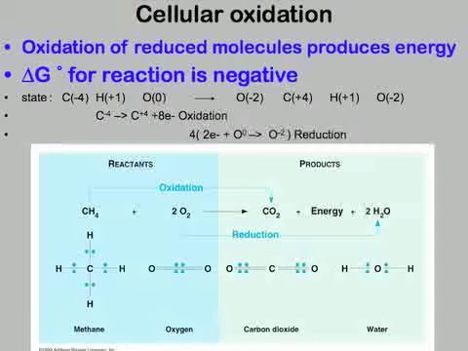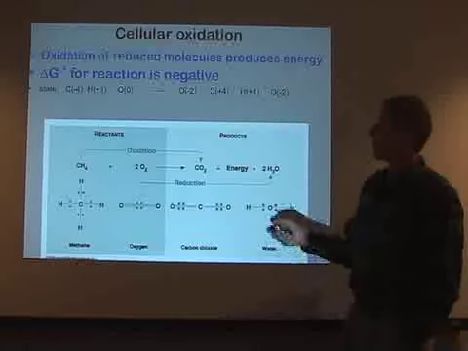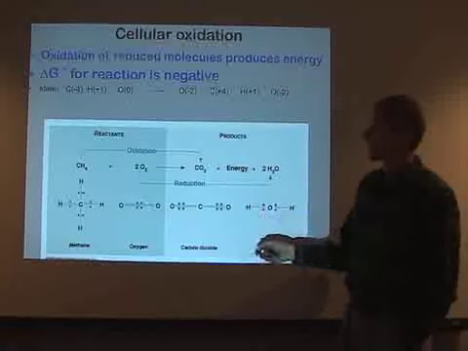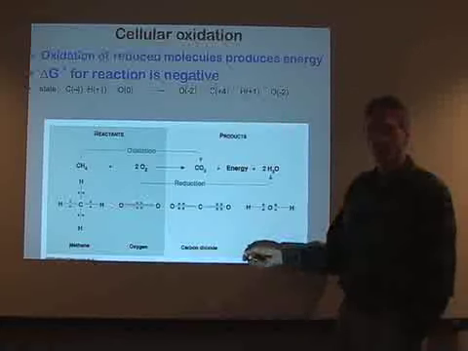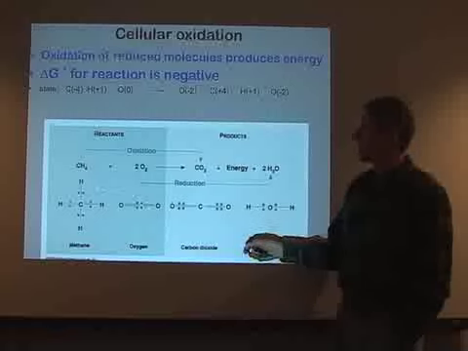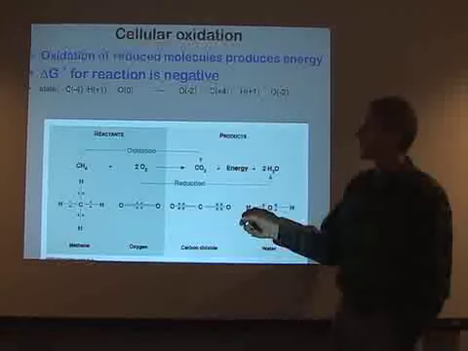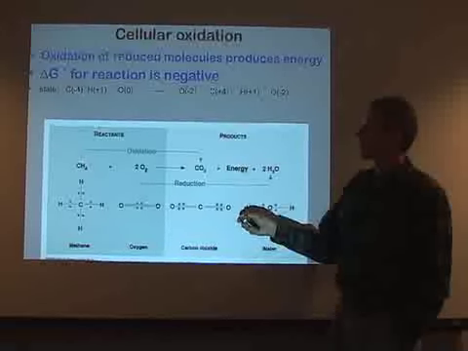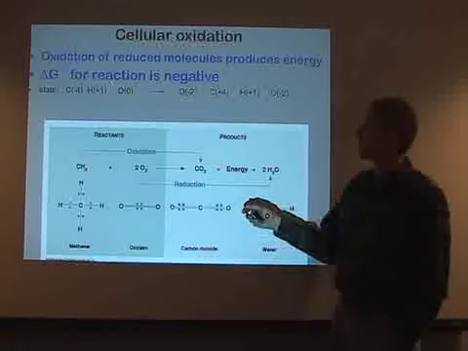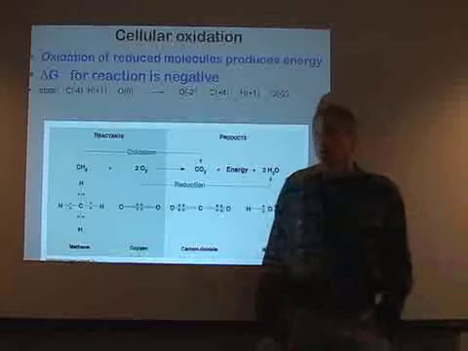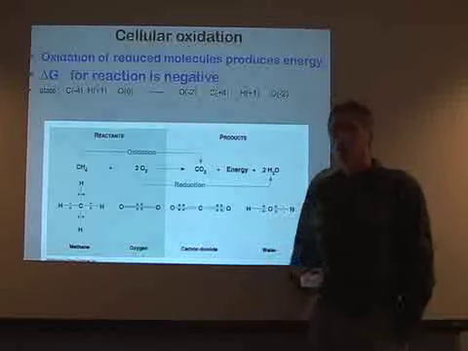That is, methane combines with oxygen to form carbon dioxide and water. The oxidation state of oxygen in its elemental form is 0 by definition, and the oxidation state of carbon here is -4. So it's got 4 extra electrons that oxygen is going to take because oxygen is electronegative.